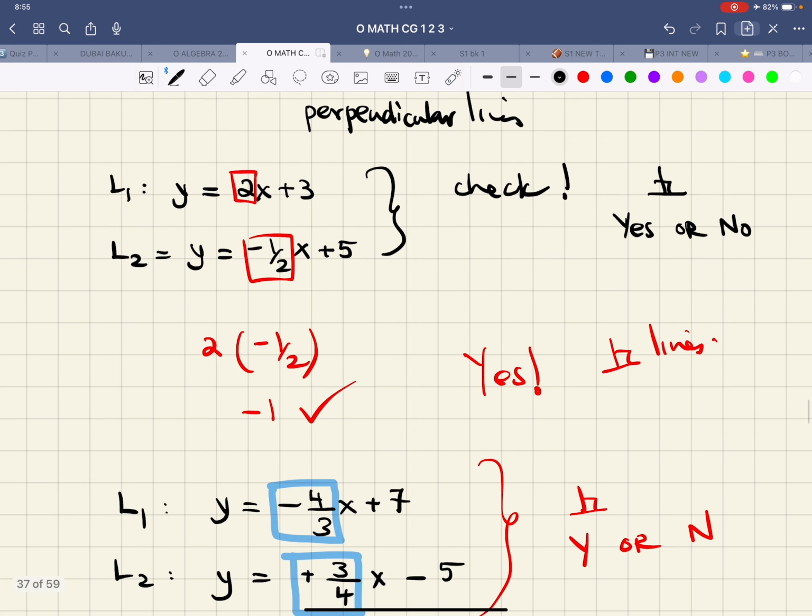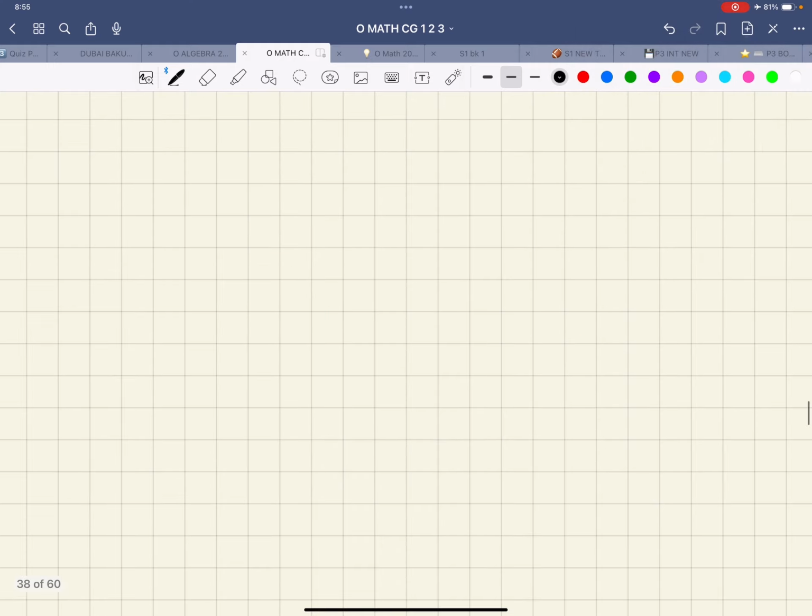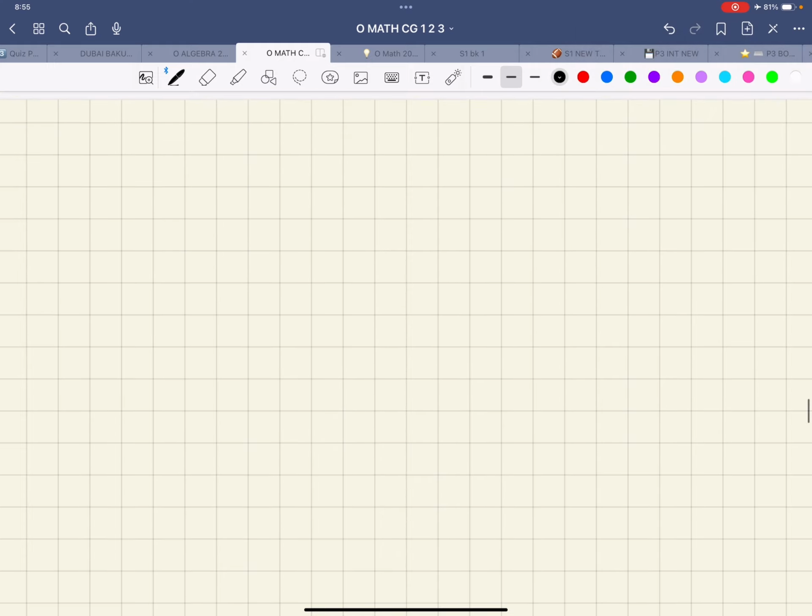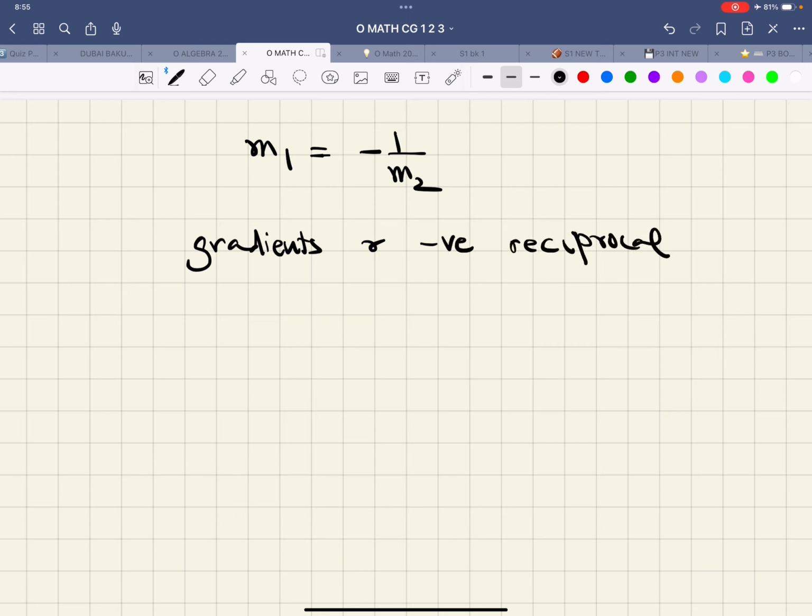Now, before some worked examples, let me add a page. I can also say m1 is the negative reciprocal of m2. The gradients are negative reciprocals of one another. All good, all clear?